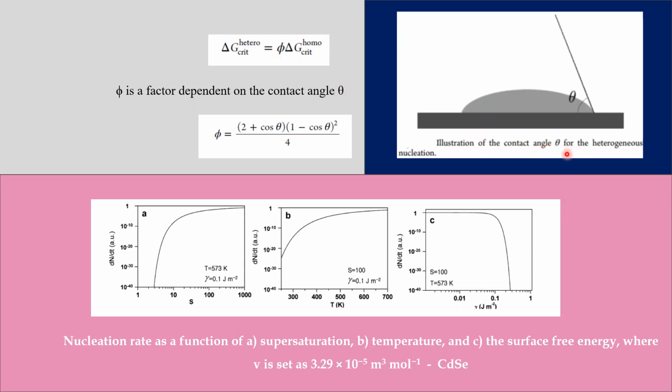That means when we add a foreign body or any substrate to our precursor solution, the wetting angle determines the growth. If it does not wet, there is no further growth. So if we add any material, let's consider this black material is added to our solution.